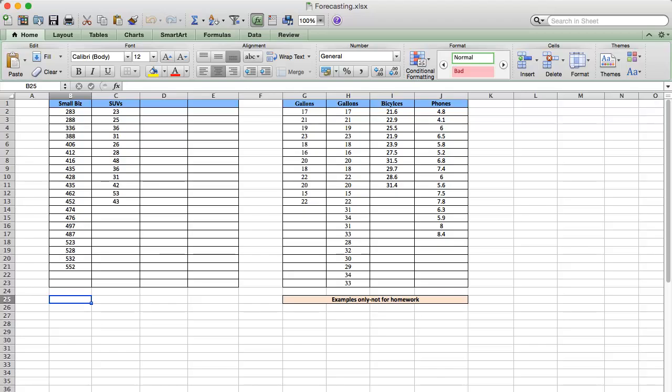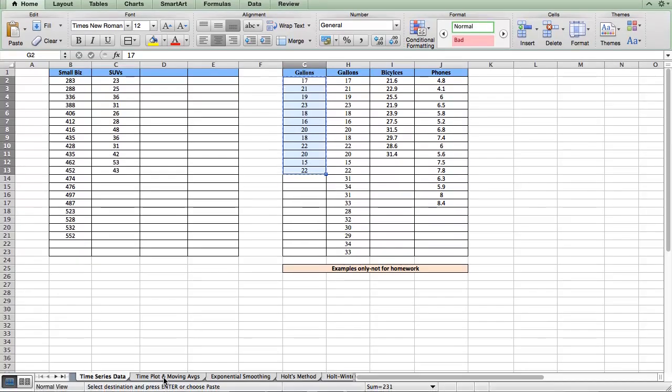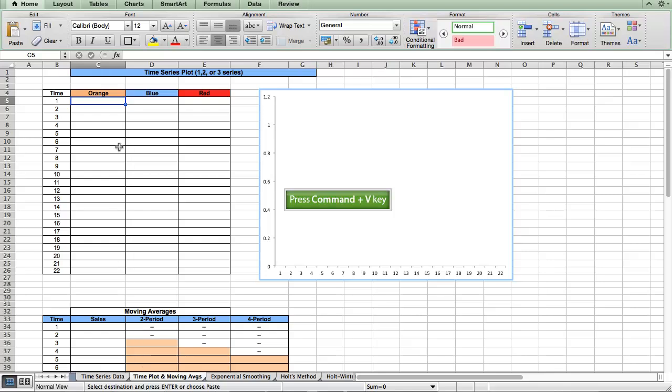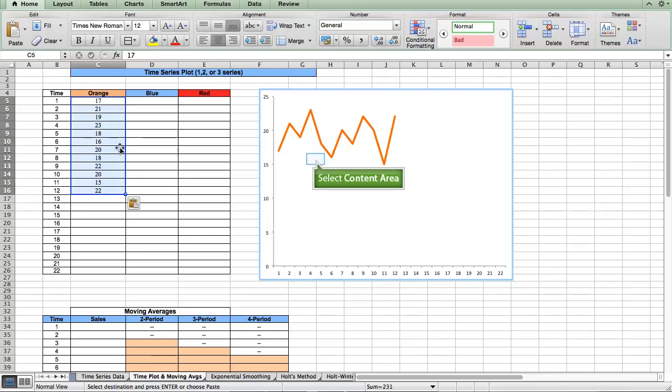So here I am at the Forecasting Excel tool, and we'll begin by reviewing some of the basic patterns that we see in time series data. For example, if we look at this time series, which is the distribution of gasoline sales, and we can do that by adding our data simply to our time plot.